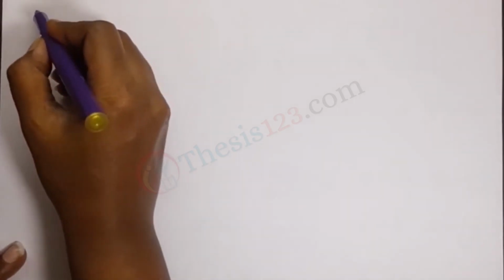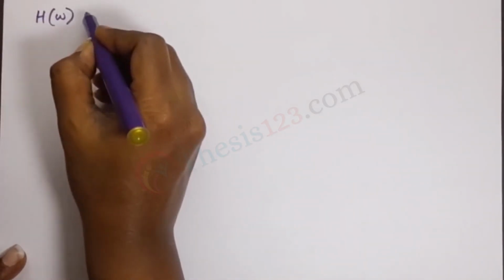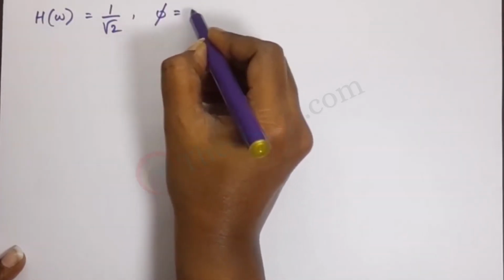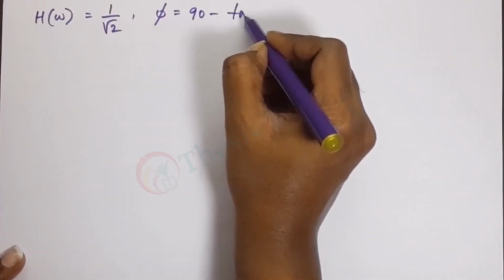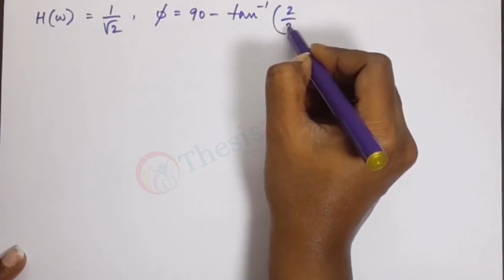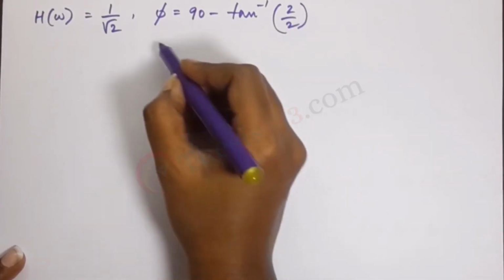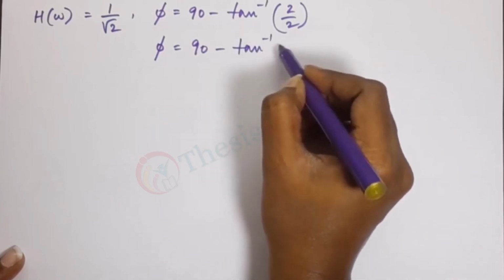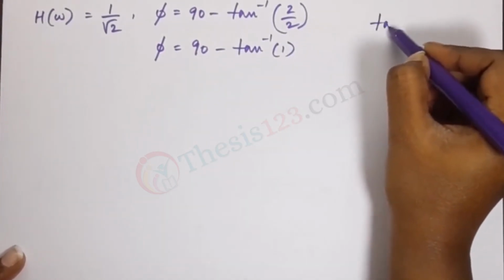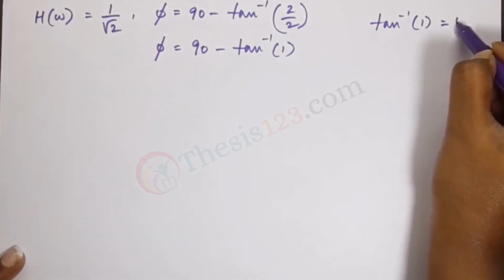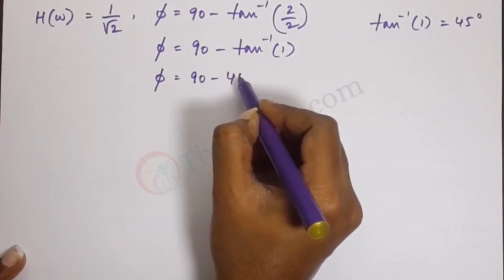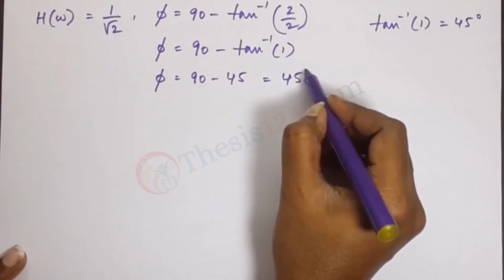So we have H of omega is equal to 1 by root 2 and phi is equal to 90 minus tan inverse of 2 by 2, which is tan inverse of 1. And you know what tan inverse of 1 is, right? Tan inverse of 1 is 45 degrees. So phi is equal to 90 minus 45, which is 45.